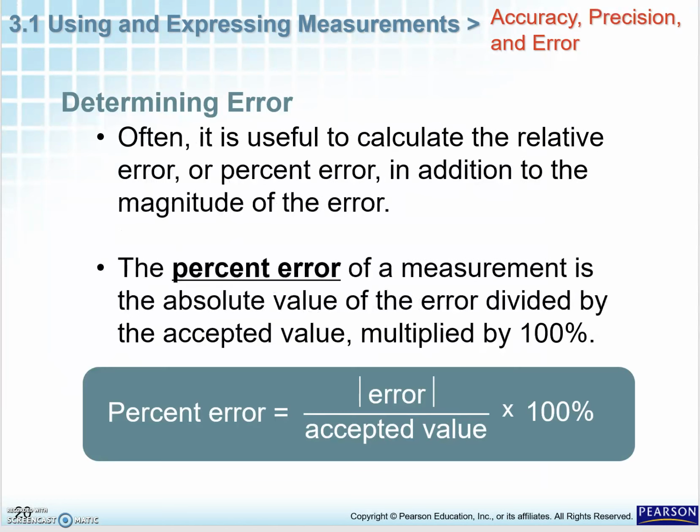So what we usually use is something called the percent error. That's how far away you are from the correct value. So our percent error is that error we just found, but the absolute value of it, so no matter what, it'll be positive, divided by our accepted value times 100, because that's how we make things into a percentage.